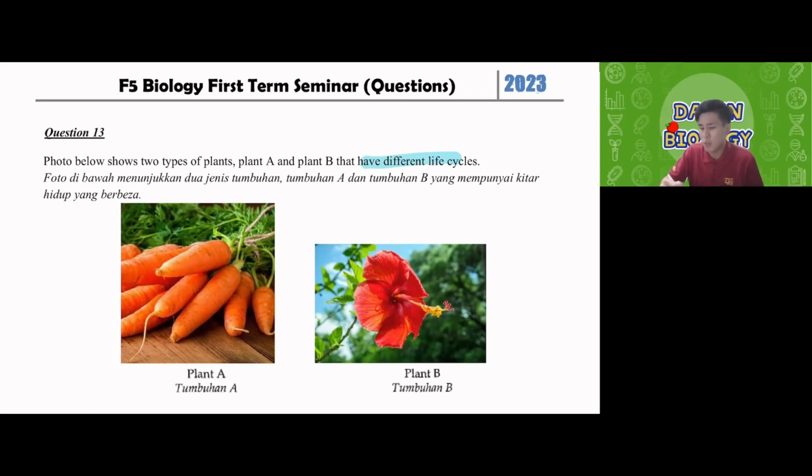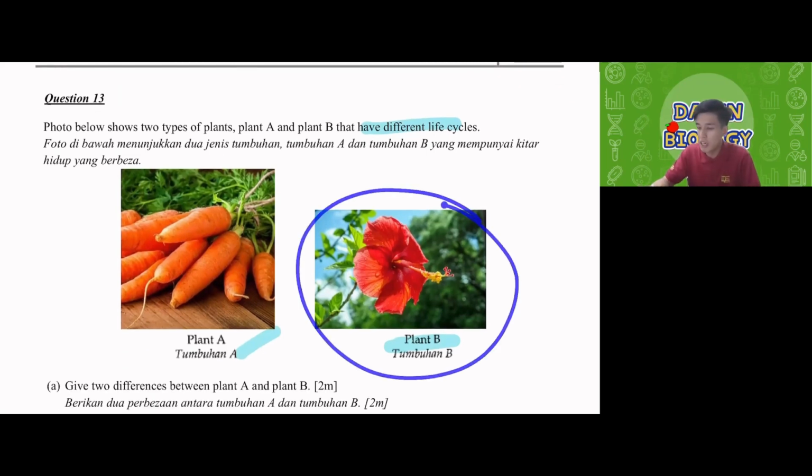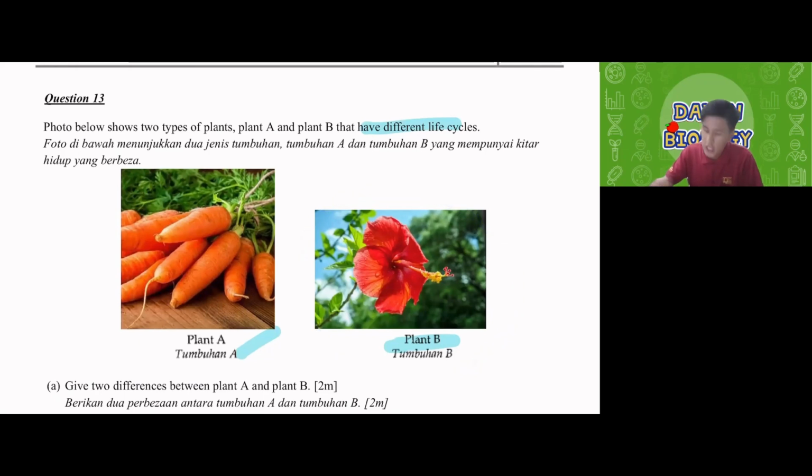B is the main one. Come guys, you all try a bit. What do you think B is? Hibiscus. So A is biennial, but then B is annual or perennial, so left with 2 options only, right?